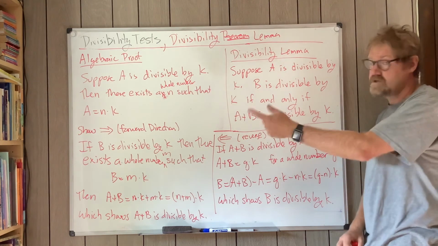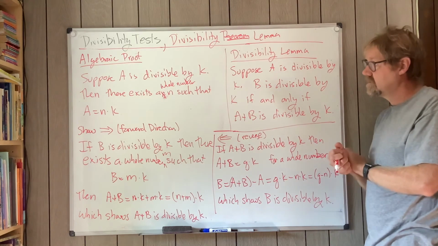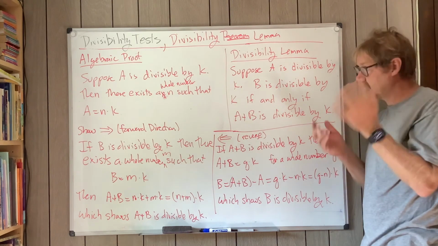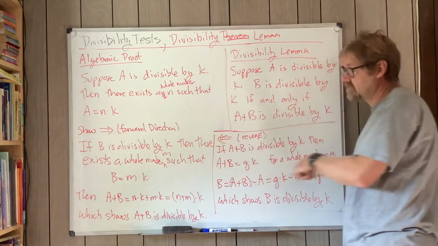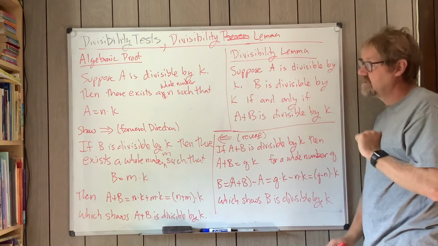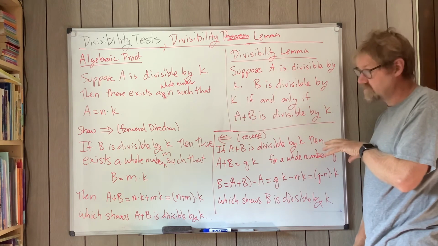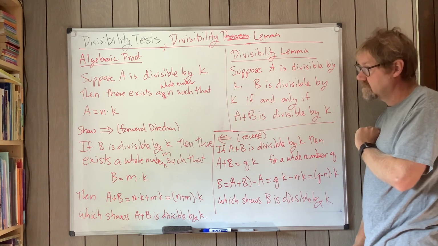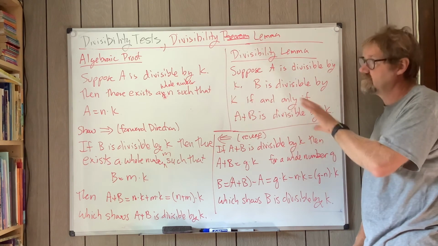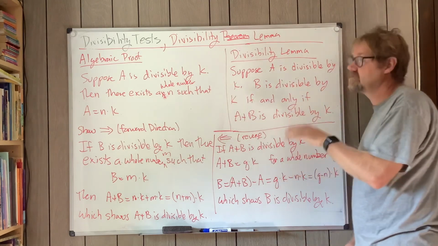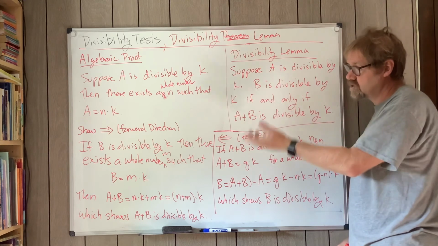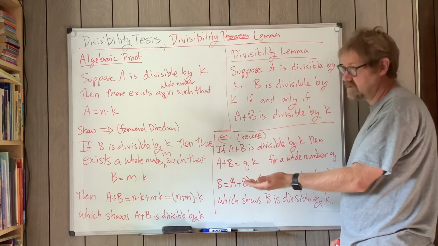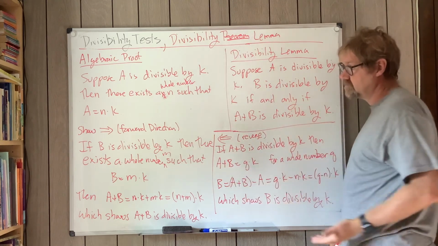We showed a picture proof of this. Hopefully that gives you some sense about how it works. This shows algebraically, I know this is big, but this shows algebraically that this is true. The big thing about this is you're not going to have to memorize this. I'm not going to ask you to reproduce this, but it should give you some sense of what steps we need to do to go through and show things.